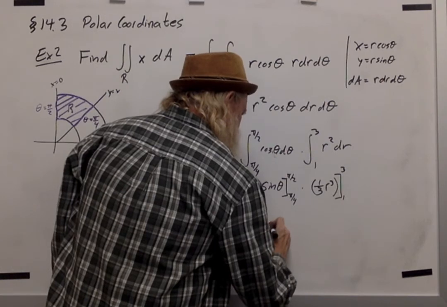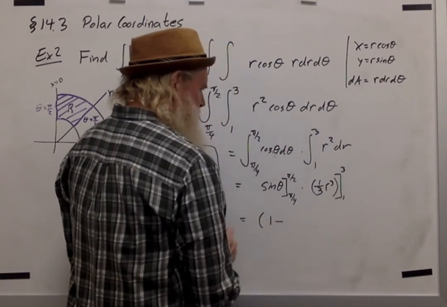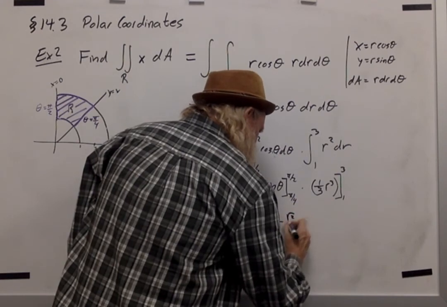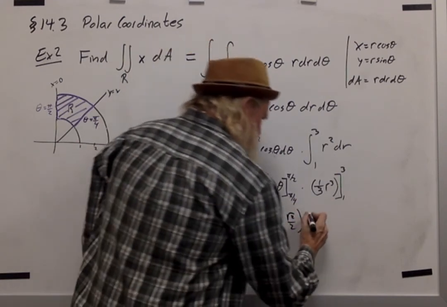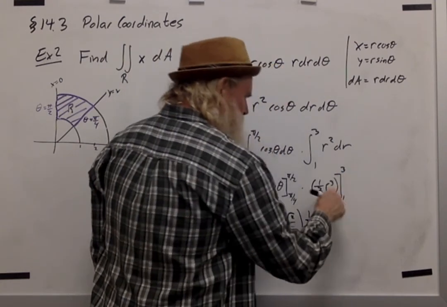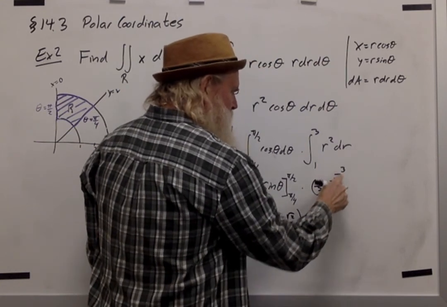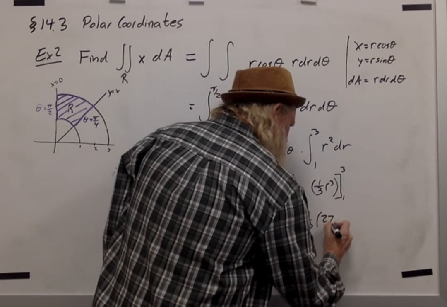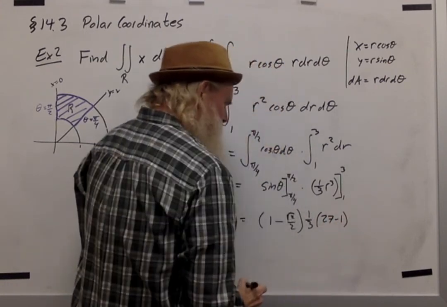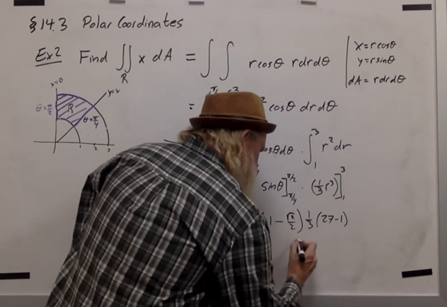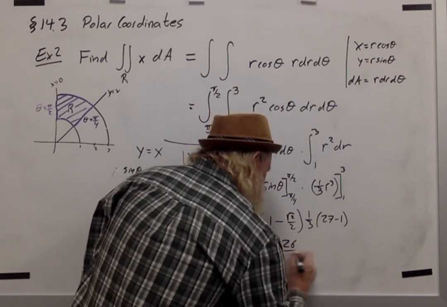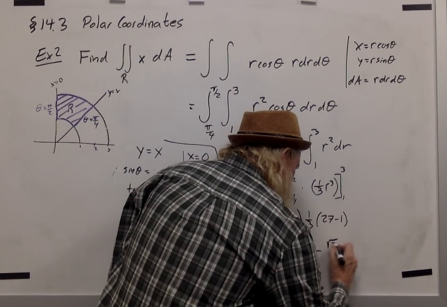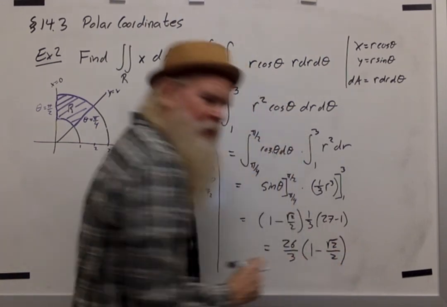Sine of pi over 2 is 1, minus sine of pi over 4, which is square root of 2 over 2, times 1/3. Plugging in these endpoints and subtracting, 3 cubed minus 1 cubed is 27 minus 1. So I get 26/3 multiplied by 1 minus square root of 2 over 2.